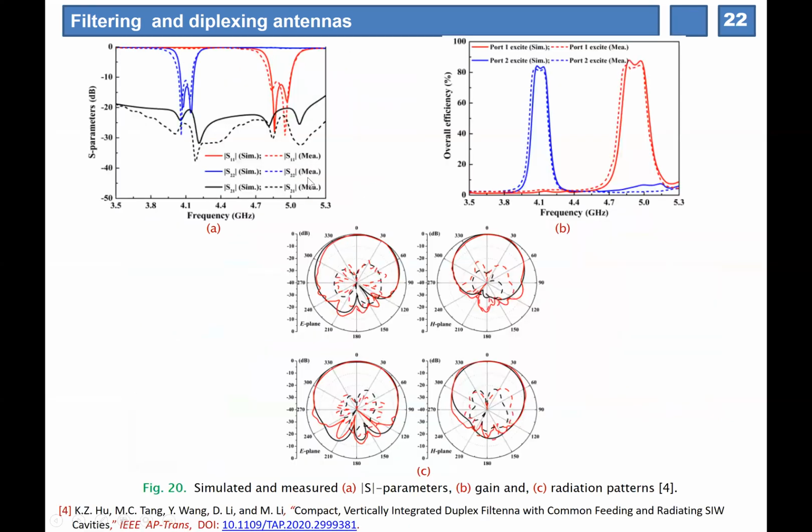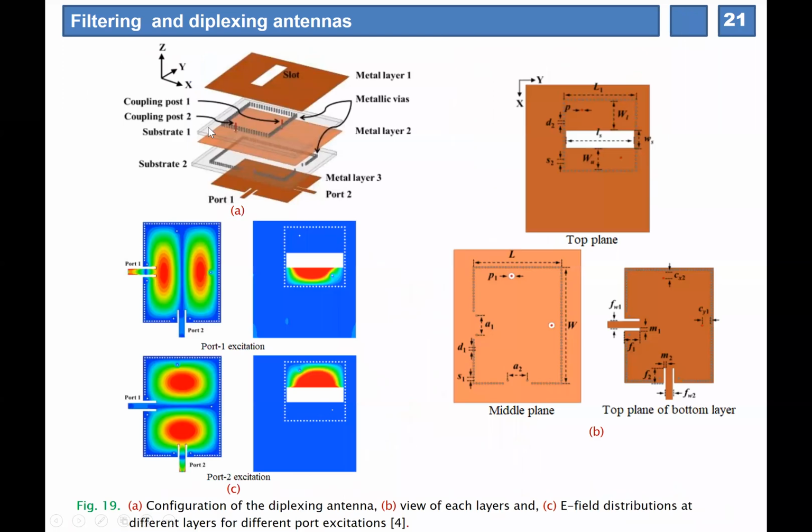So if you see, sir, the first coupling post was closed, fully closed. I didn't get your point. Fully, not closed. You see here, this is post 1. It is placed somewhere where there are some electric field values for port 1 excitation, but post 2 is at some farther point and also near the mid plane.